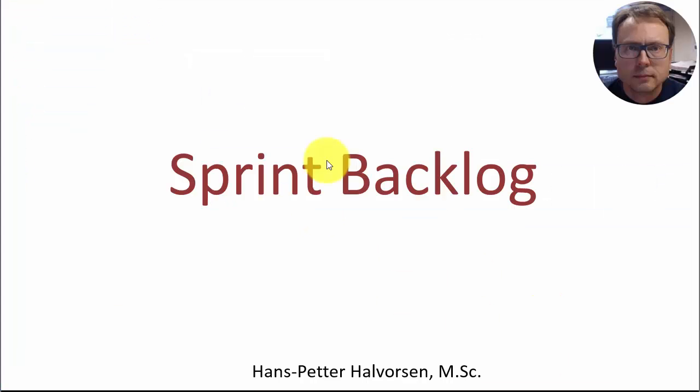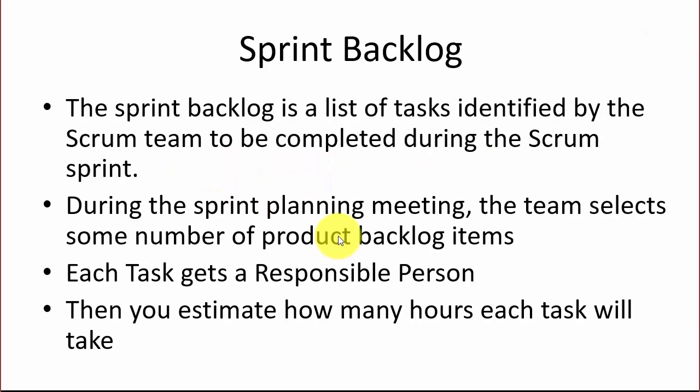So when we are finished with the product backlog, we can start working on the sprint backlog. So the sprint backlog is a list of tasks identified by the Scrum team to be completed during the Scrum sprint. So that's all the work that should be done within a specific sprint or iteration.